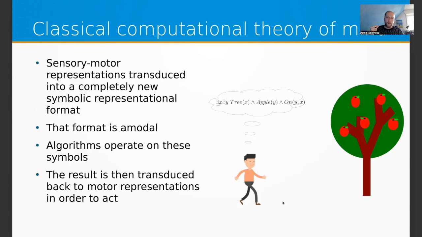And the idea of this classical computational theory of mind is that these sensory motor representations are actually transduced into a completely new symbolic representational format.